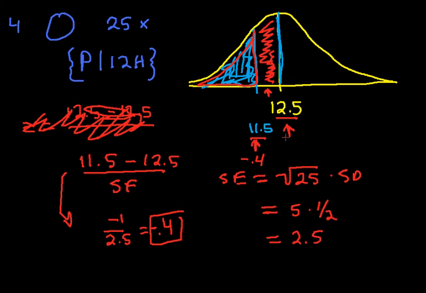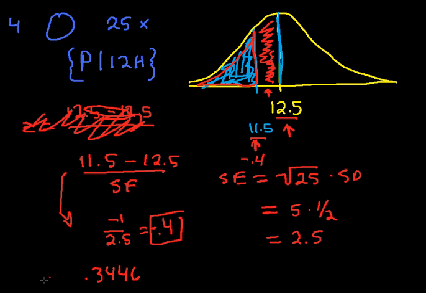So if we look in the table for the area to the left of minus 0.4, it should give us about 0.3446.